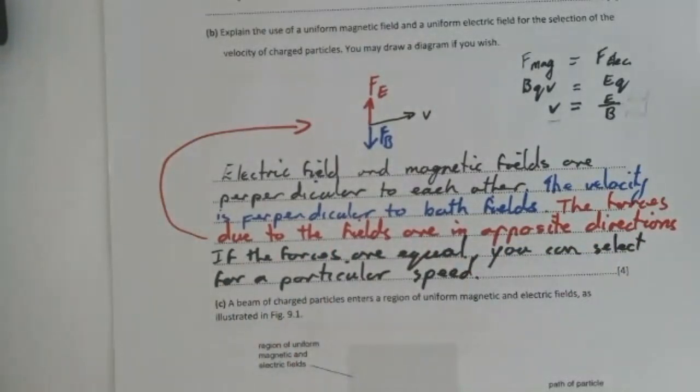So I drew the force diagram for it, which makes more sense. And I think it's going to be easier than drawing an electric field relative to a magnetic field. You can obviously do that. There's no problem with that.